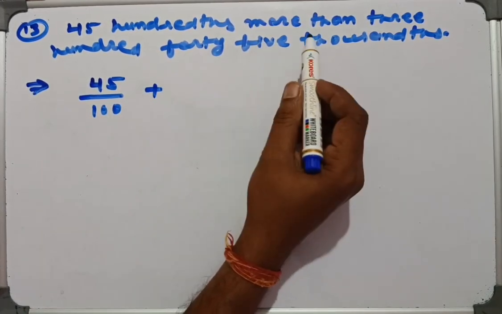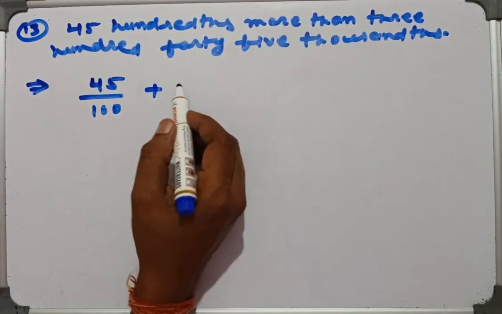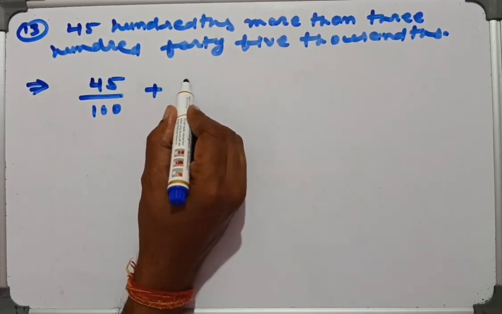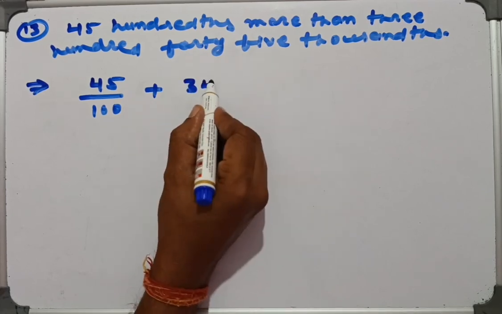Now the second part of the question is more, means addition. So first you write 345.